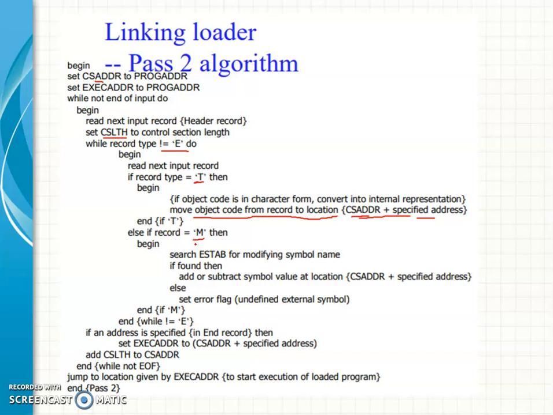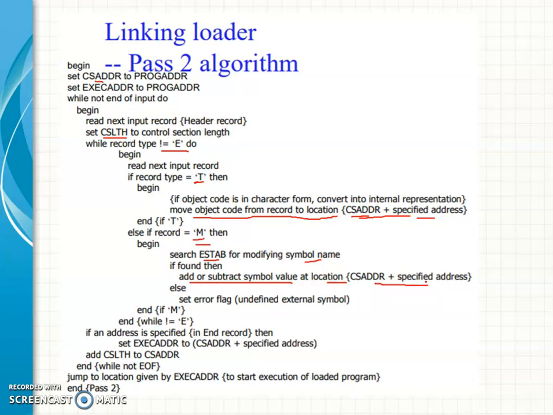And in the case of the modification record, you will have the symbols which need to be modified, and you need to search the STAB for the modifying symbol name. So from the modification record, you will get the symbol. Search the STAB for the symbol name. If the symbol is found, you need to add or subtract the symbol value at a location. What is the location?